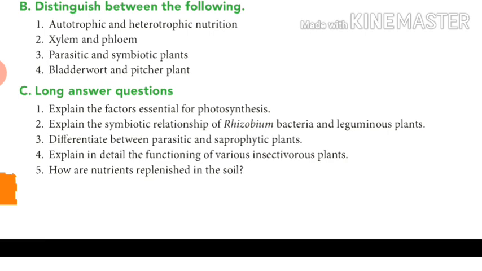Then this nitrogen is useful to the leguminous plant. The plant gives shelter, that is, the bacteria survive in the roots of the plant, and in return the bacteria replenish the nitrogen in the soil. This is the relation between rhizobium bacteria and leguminous plants.